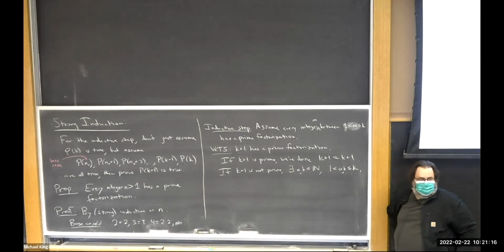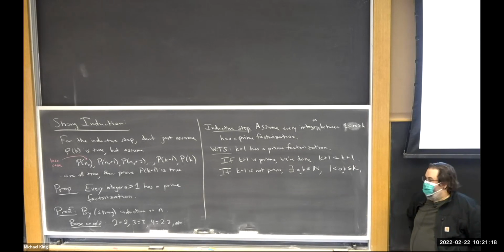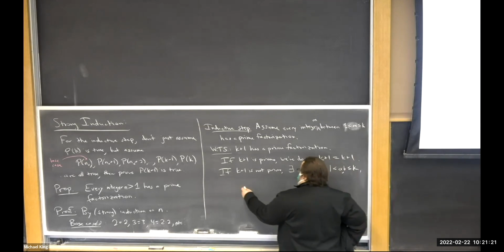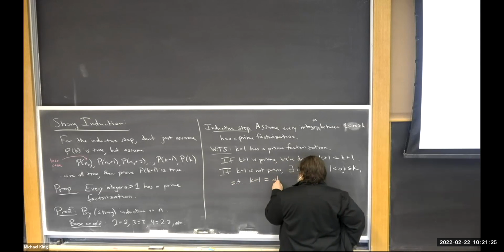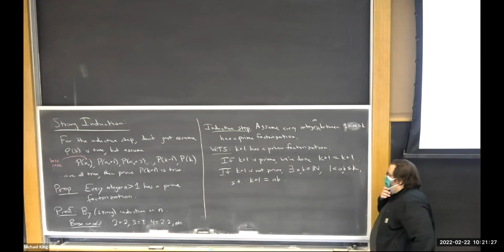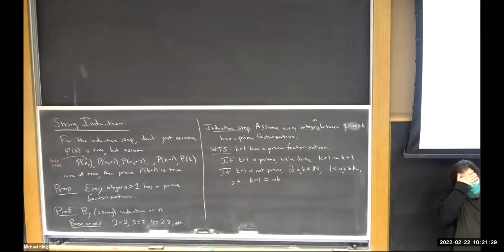It's going to factor into 2 things smaller, but bigger than 1, such that k plus 1 equals a times b. It's kind of what it means to be composite. You can factor into 2 smaller pieces, neither of which is 1 or itself.